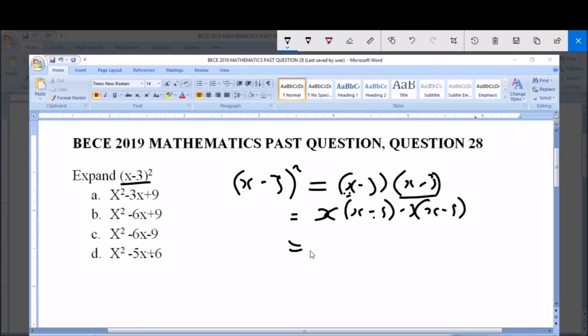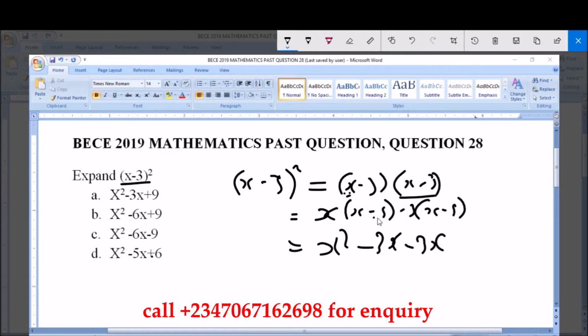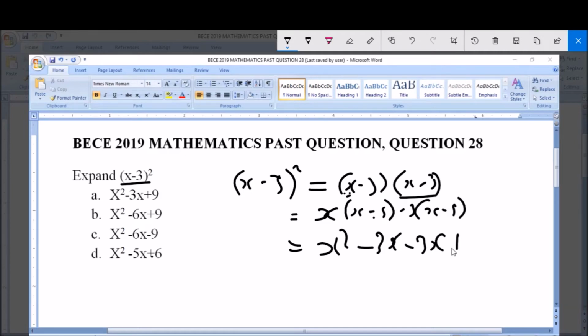Now we'll continue. x multiplied by x here will give us x square. x multiplied by minus 3 will give us minus 3x. Now minus 3 here multiplied by x will give us minus 3x. And minus 3 multiplied by minus 3 will give us plus 9.